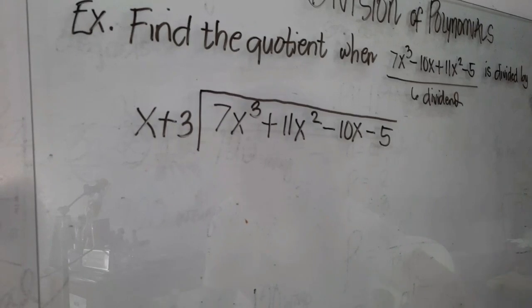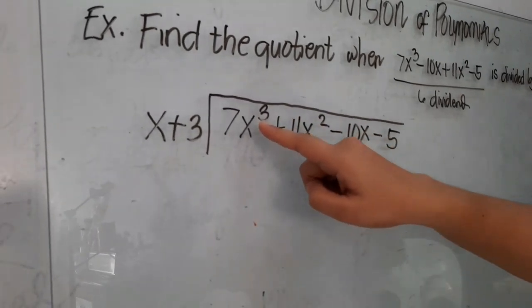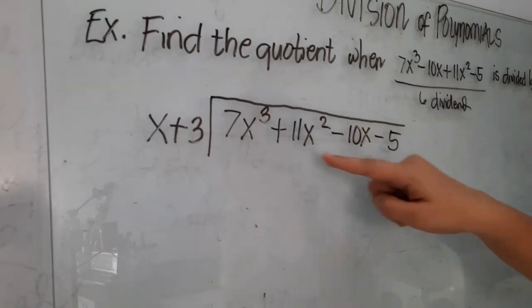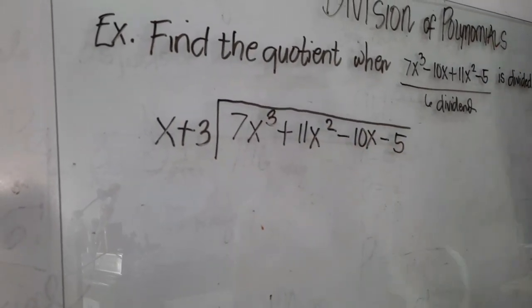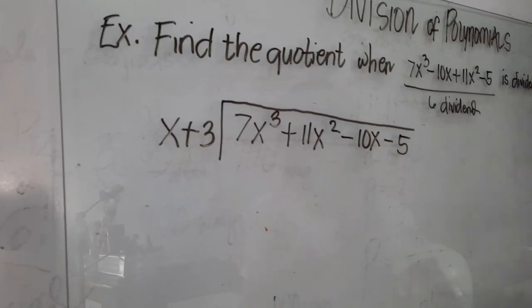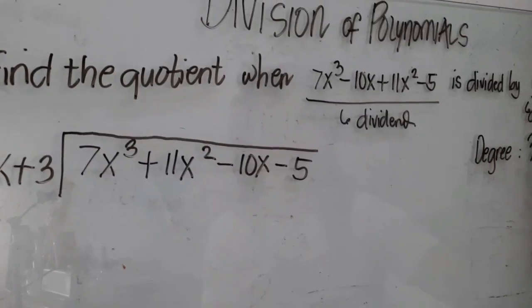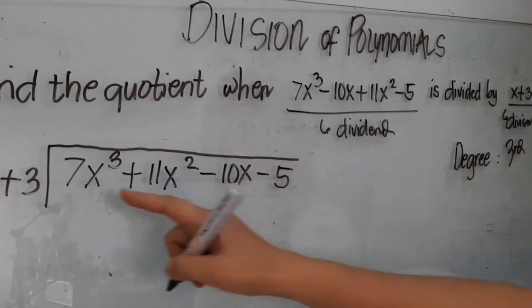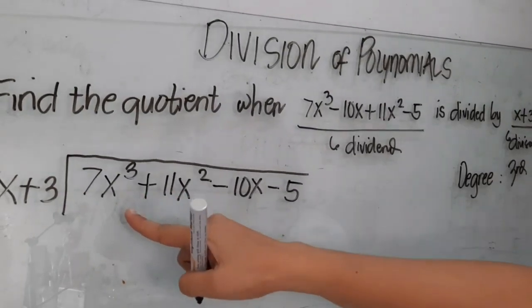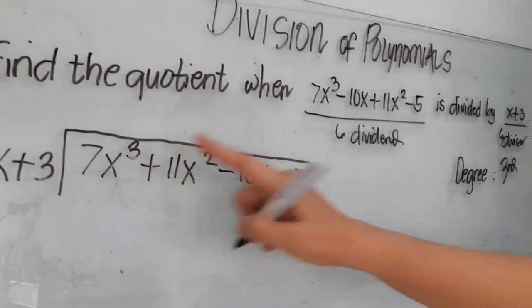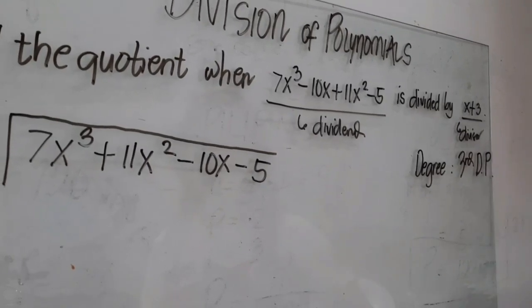And the answer is 3 is the highest exponent of the variable. Therefore, this polynomial is what we call a third degree polynomial, because the highest exponent of the variable is 3.